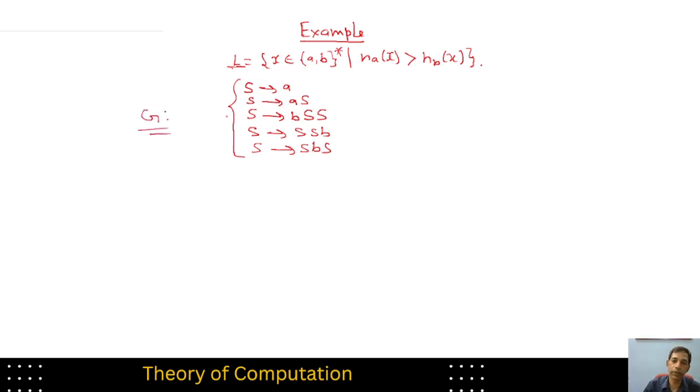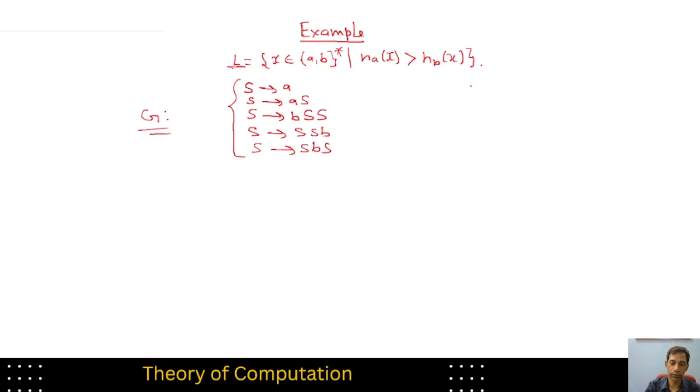L is equal to X belongs to {A, B} star such that the number of A in X is more than the number of B in X. We have the grammar, and the grammar rules say that S derives A, S derives AS, S derives BSS, or S derives SSB, or S derives SBS. So any such string you can generate.